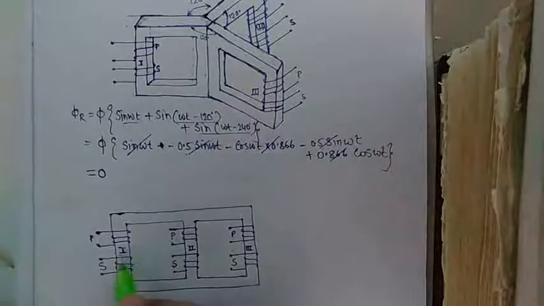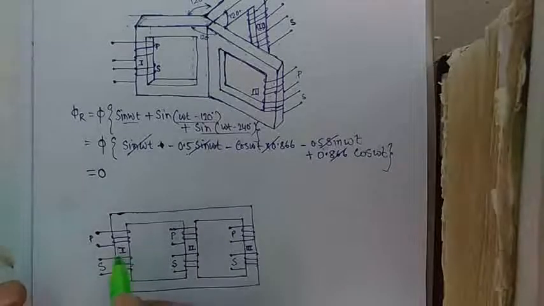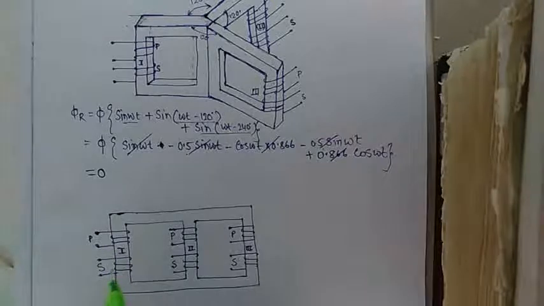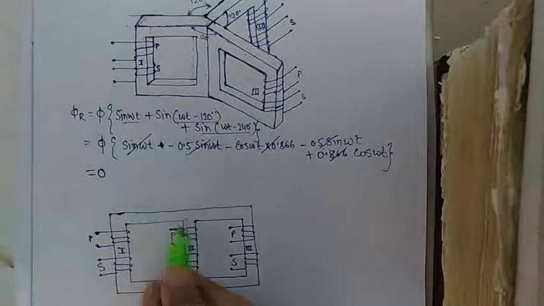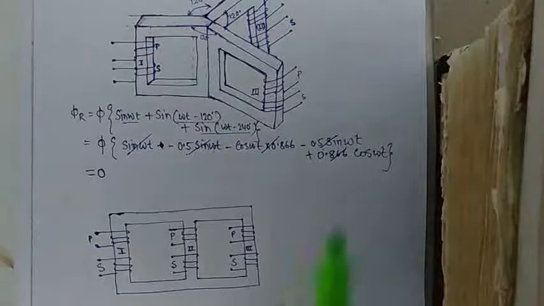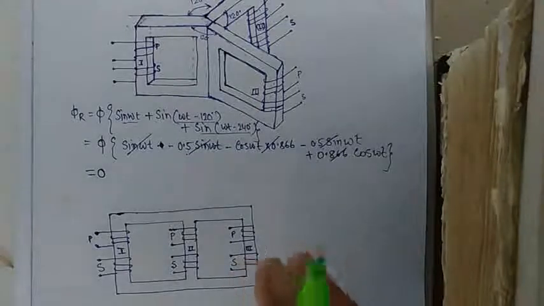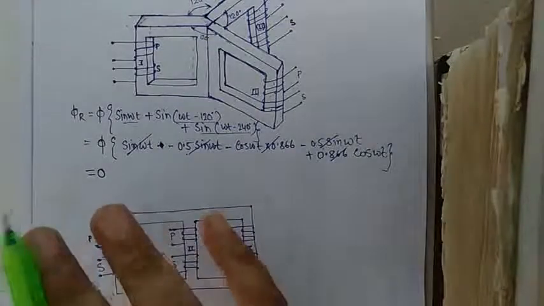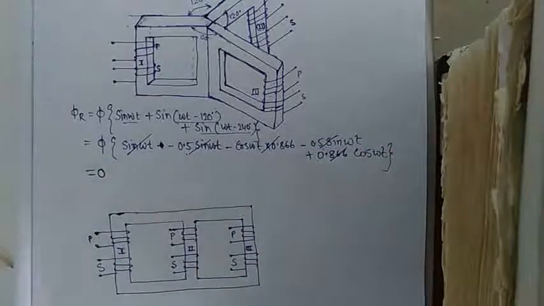The flux produced by one leg will return through the other two legs. Similarly, as you know, in a three-phase system the current in one wire at any instant is returned through the other two wires.